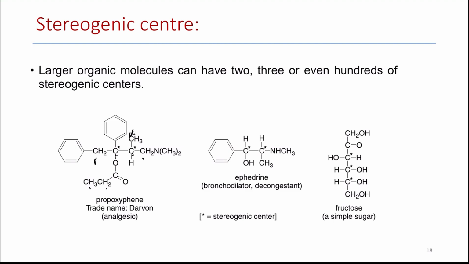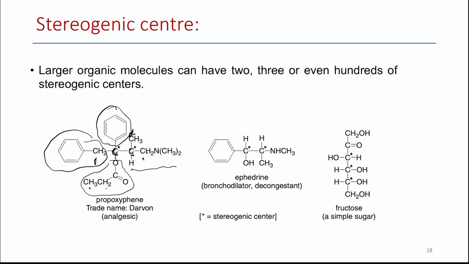This carbon, the second one, has four different groups attached to it: the one to the right-hand side and the one here at the bottom, and then this is a benzyl group and this is a phenyl group. So you can see there are four different substituents, so this is a chiral center. The following carbon as well has four different substituents, so it's a chiral center as well.